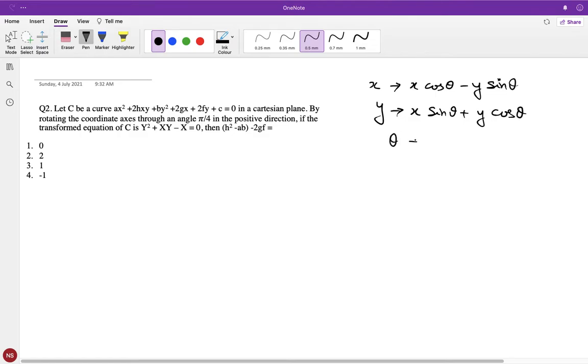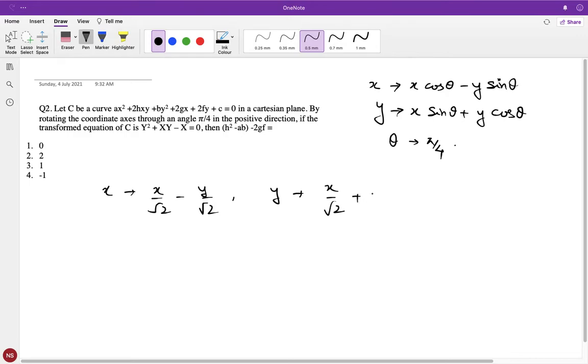Now here theta is given as pi by 4, right? So x will transform to: cos pi by 4 is 1 by root 2, sin pi by 4 is 1 by root 2, sin pi by 4 is 1 by root 2, cos pi by 4 is 1 by root 2.